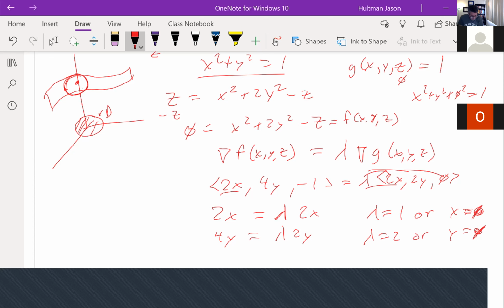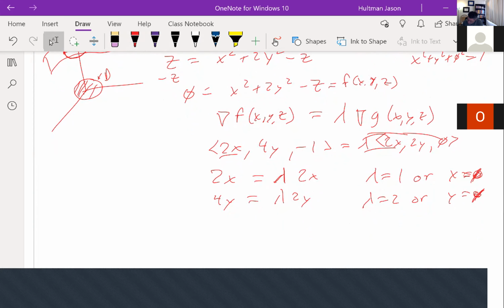Okay, and then what about the last case here? That's kind of weird. -1 is equal to lambda times 0. That doesn't even make sense. Well, that means that 0 would equal -1. So that doesn't make sense for any lambda.